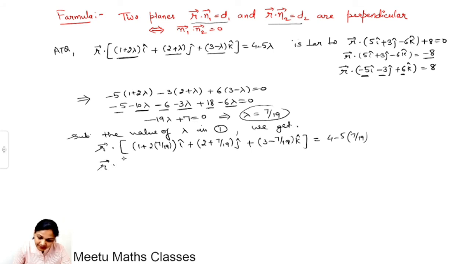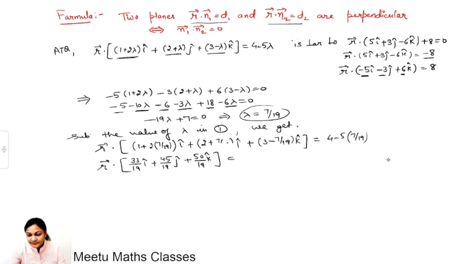and the required plane will become 19 plus 14, 19 plus 14 is 33 by 19 i, plus 19 twos are 38 plus 7, 38 plus 7 is 45 by 19 j, and 19 threes are 57 minus 7, that is 50 by 19 k, and the right hand side is 19 into 4, 76 minus 3 fives are 15, that will become 141 by 19.